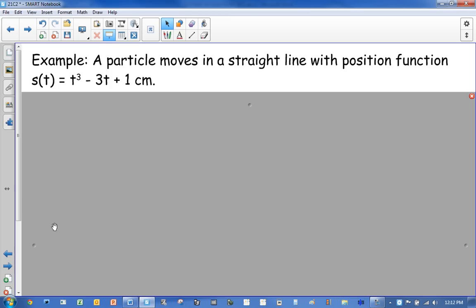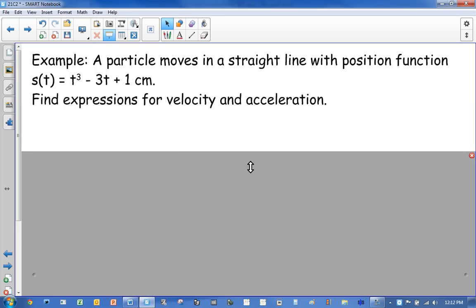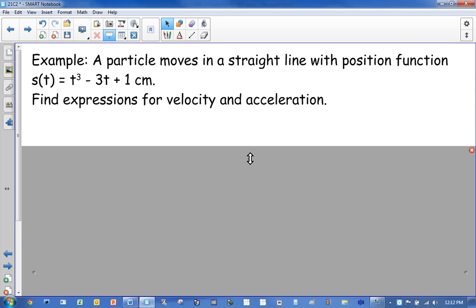All right, so let's look at an example. Here's a particle moving in a straight line. The position function is s equals t cubed minus 3t plus 1. So let's look at the velocity function and the acceleration function.